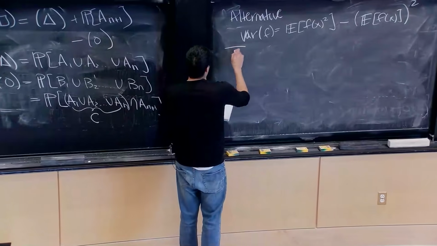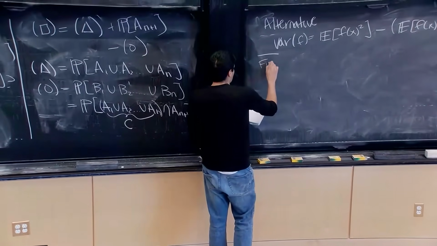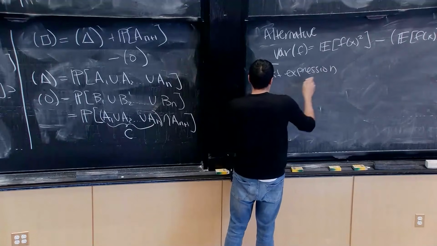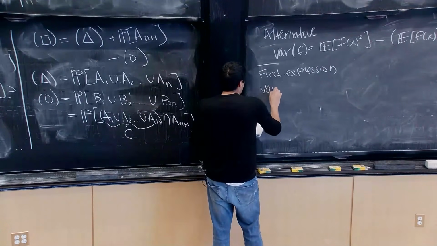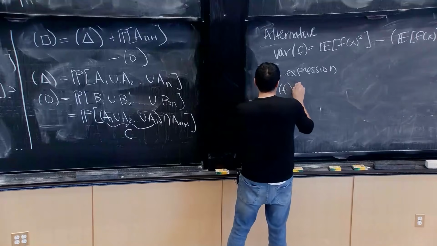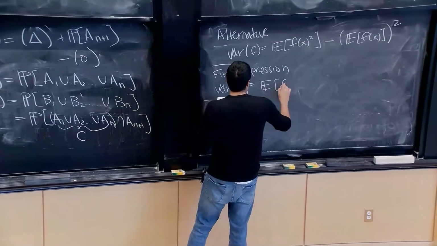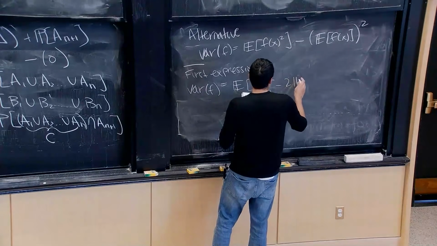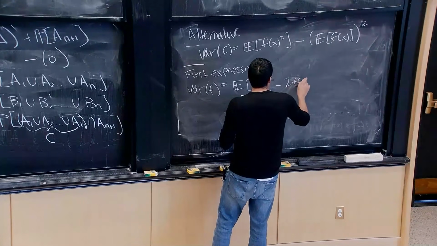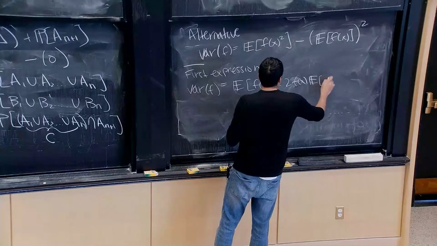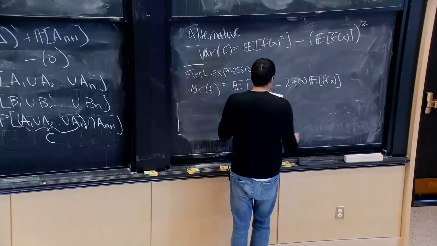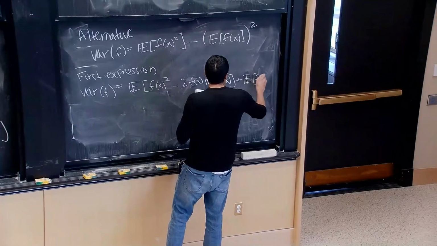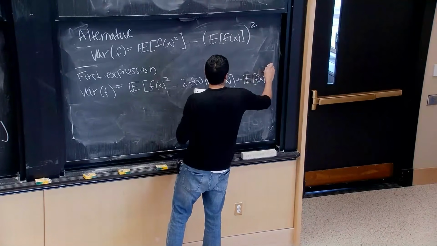And this happens because, from our first expression, when we expand out the square, we get that the variance of f is equal to the expectation of (f of x) squared minus 2 times the value of the function times the expectation of the function, and then plus the expectation of f of x, squared.